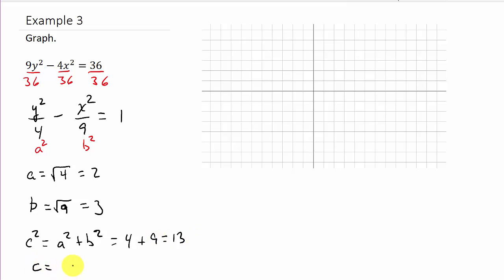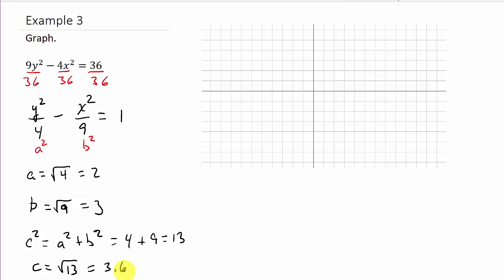That tells us that c is the square root of 13. If we punch that into our calculator to get an approximate idea, that's 3.6 and some other decimals. We'll just round it to 1 decimal.